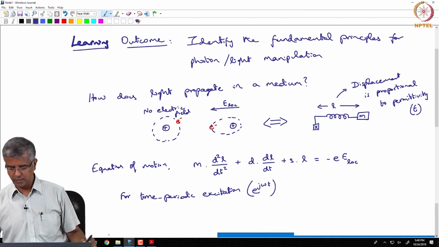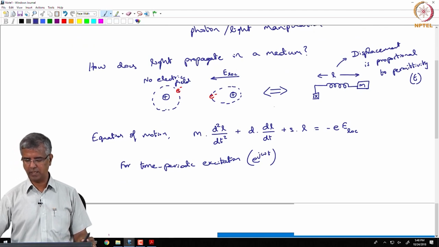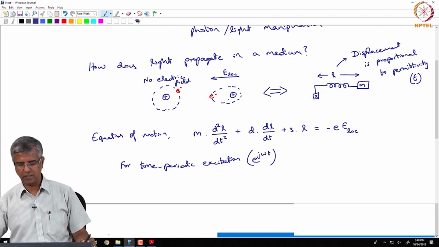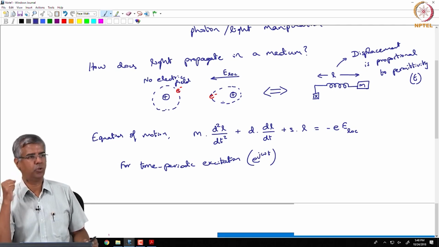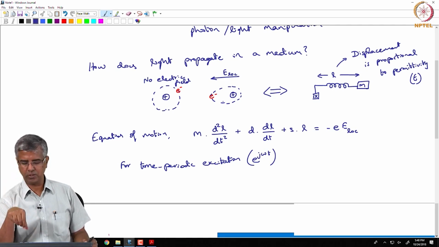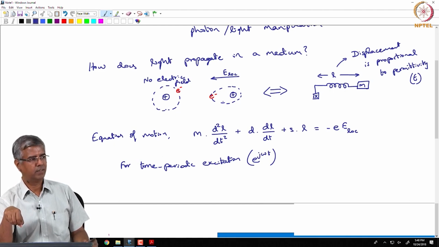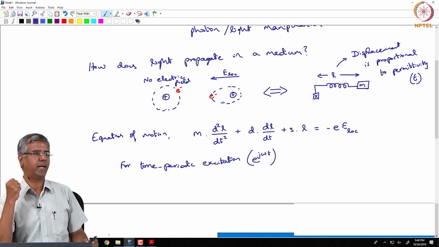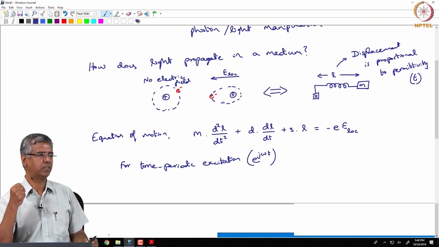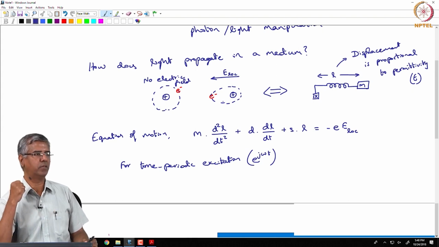So, what does it correspond to as far as this picture is concerned? You have a certain restoring force. What is the restoring force as far as an atom is concerned? There is actually a force of attraction towards the nucleus, right. That is your restoring force.